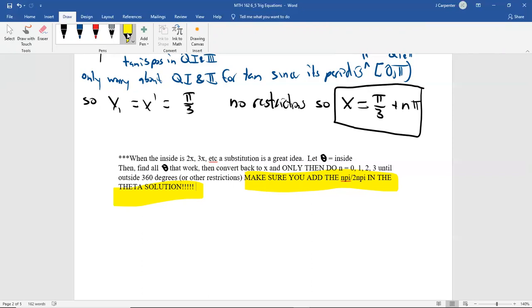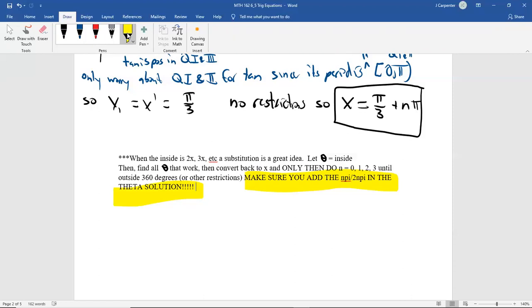When you go back to your x, that multiplier actually has an effect.